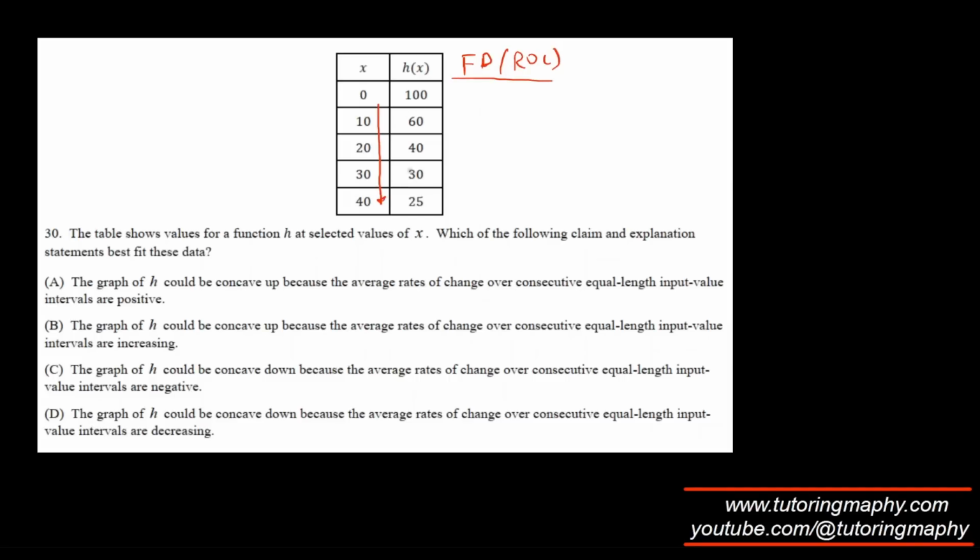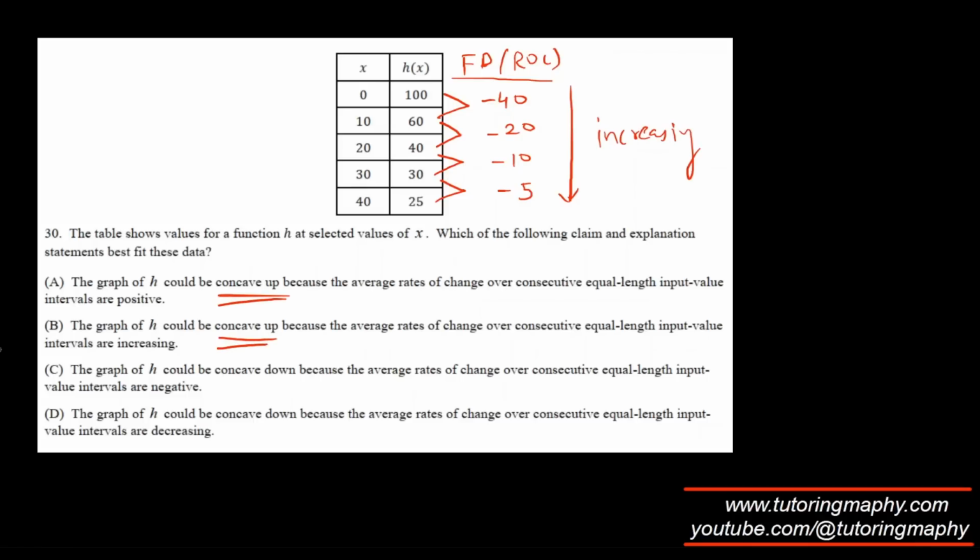Okay, x values are increasing by 10, so all good. 60 minus 100 is -40, 40 minus 60 is -20, 30 minus 40 is -10, 25 minus 30 is -5. And you can see that these ROC values are increasing because a lesser negative number is a bigger number, right? So it is increasing. So whenever ROC increases, it is concave up.